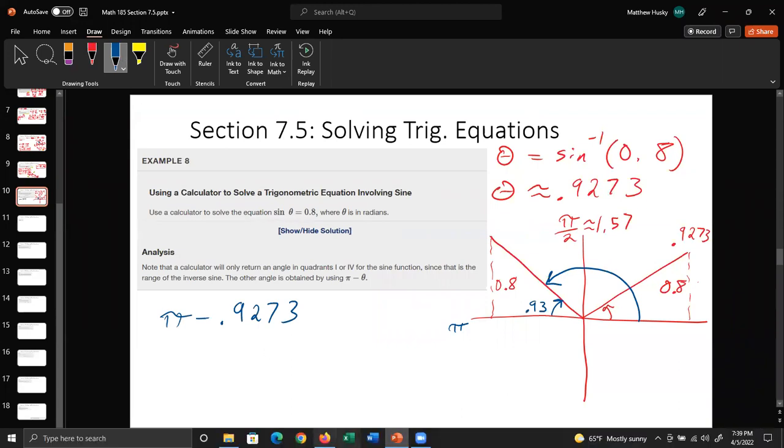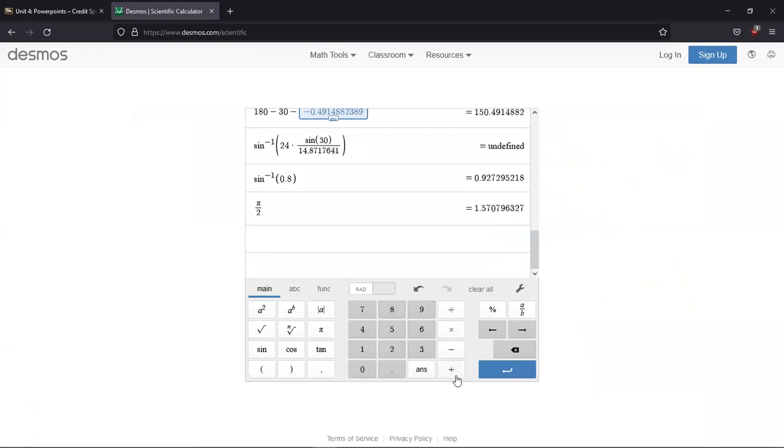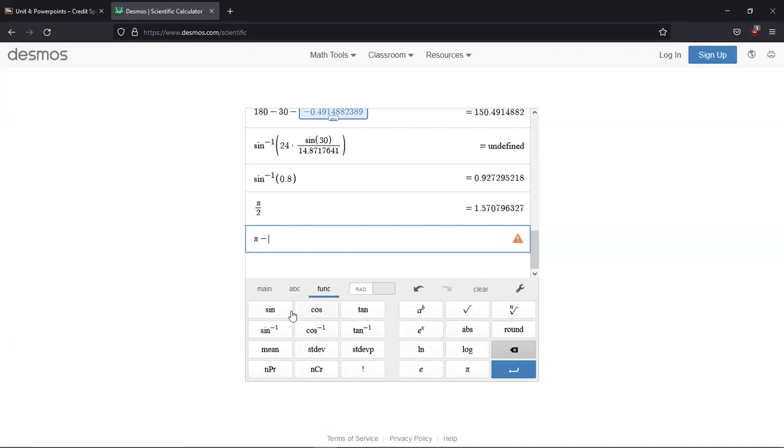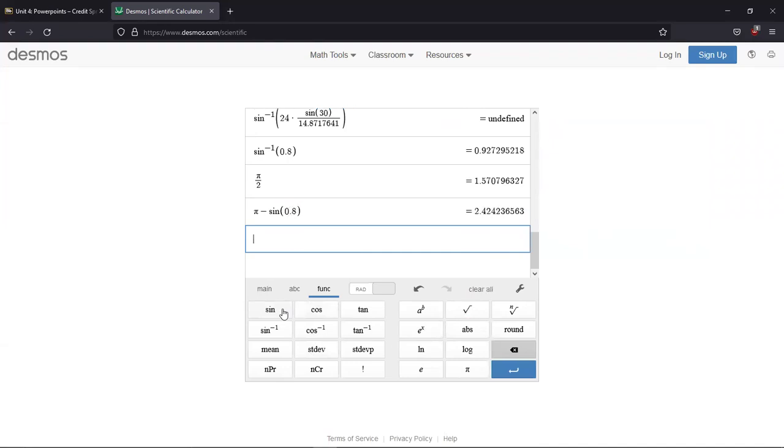So if we do that, that will give us our second solution. Let's see here. So we're going to do pi minus sine inverse of 0.8. And that gives me 2.4242.